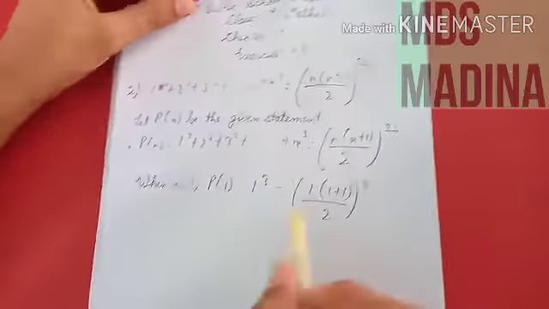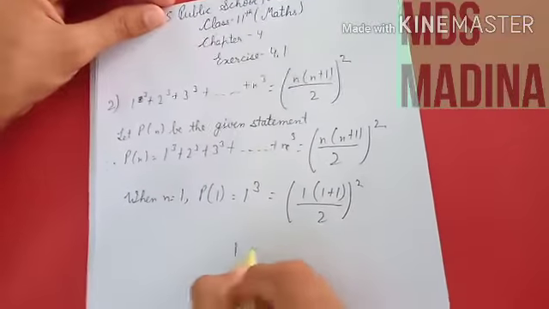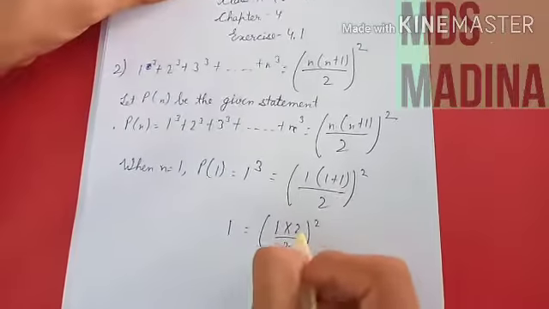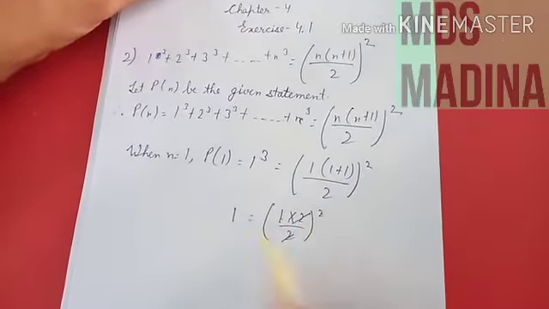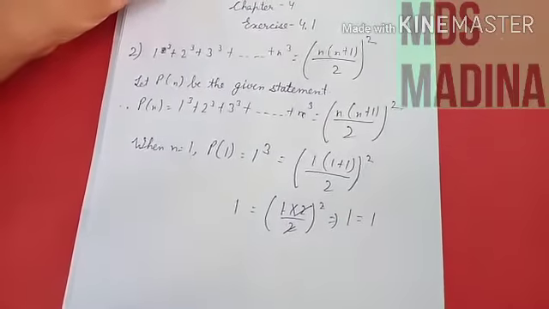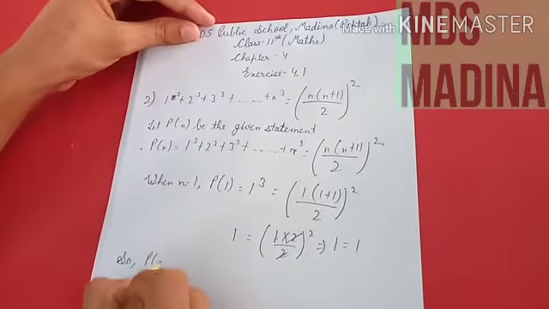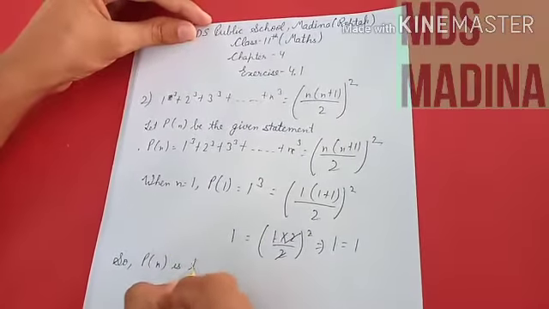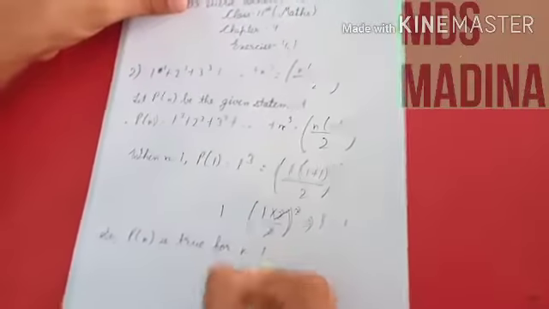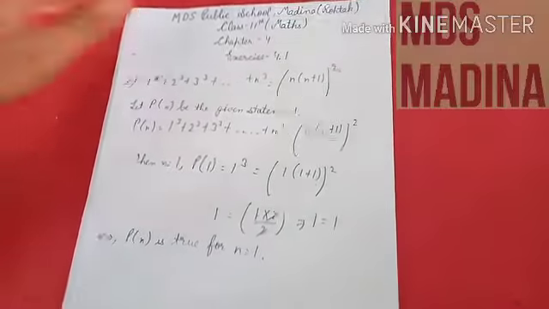At every place of n we will put 1. So that means 1 will be equal to 1 into 2 by 2 whole square. 2 will cancel 2, we will get 1. Square of 1 is also 1. That means 1 is equal to 1. So P of n is true for n equal to 1. First step we have done.